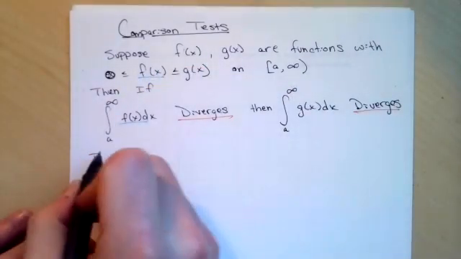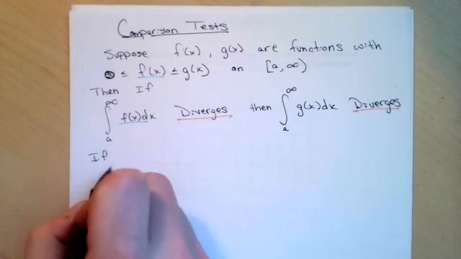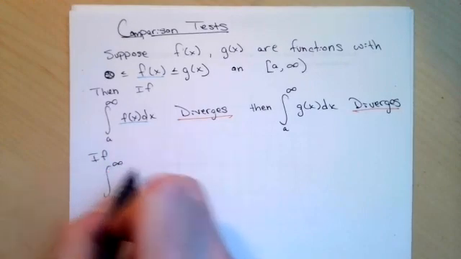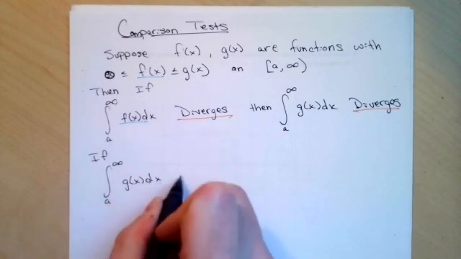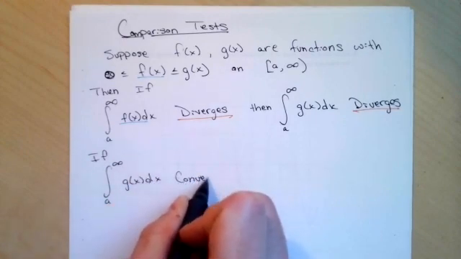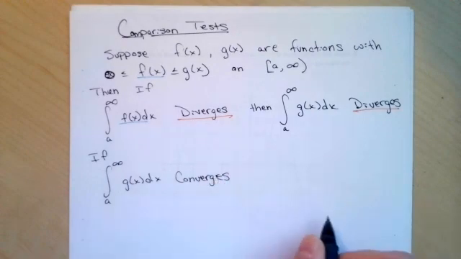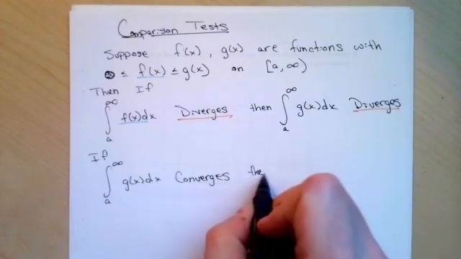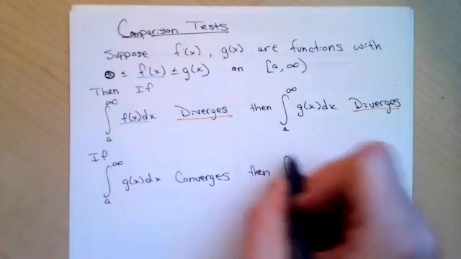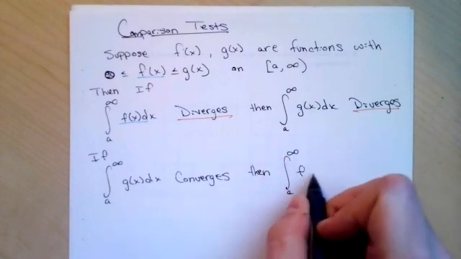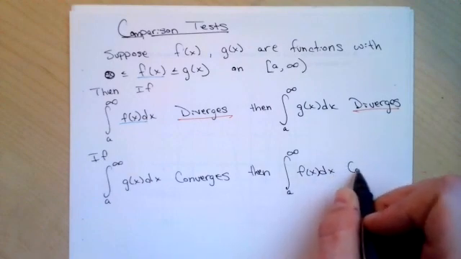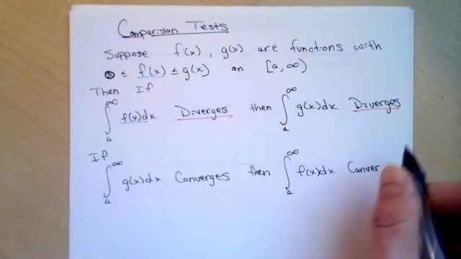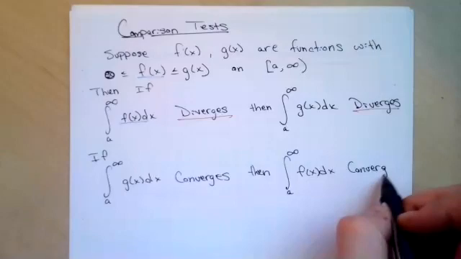If the integral from a to infinity of g of x converges, then the integral of f also converges. The integral of g is finite.